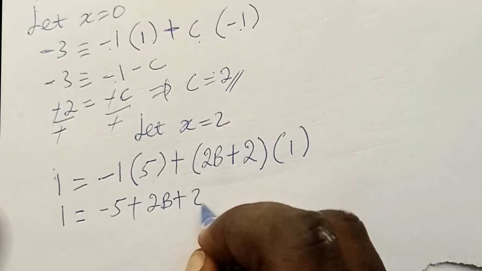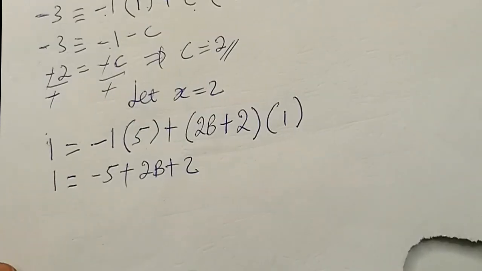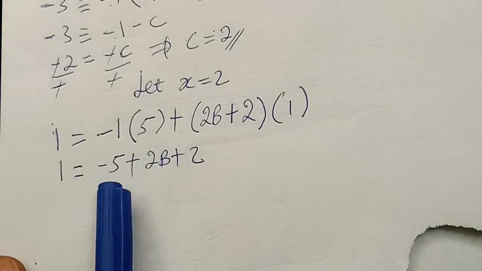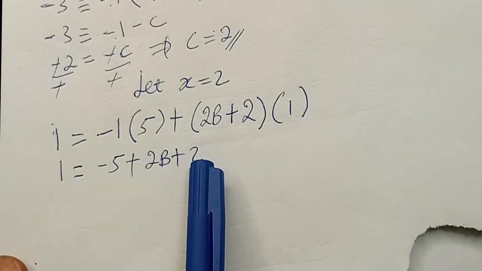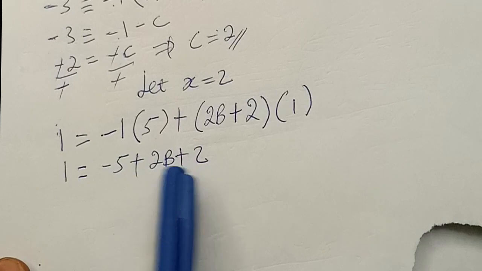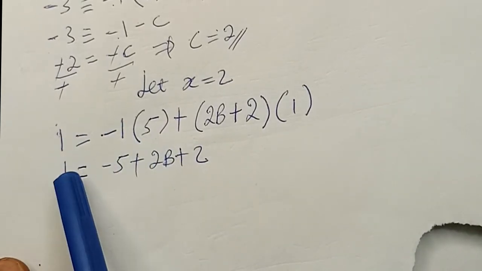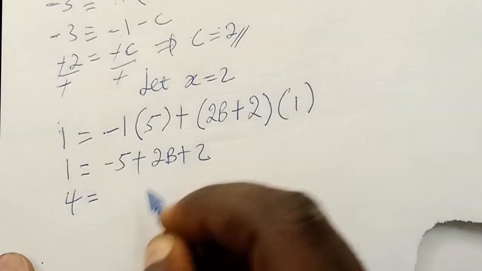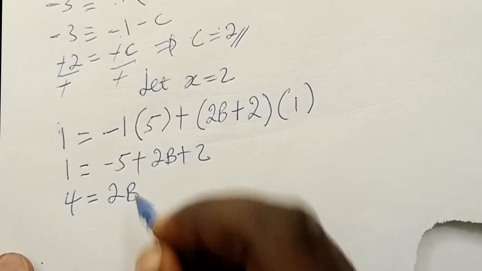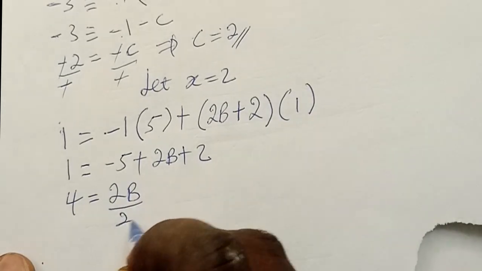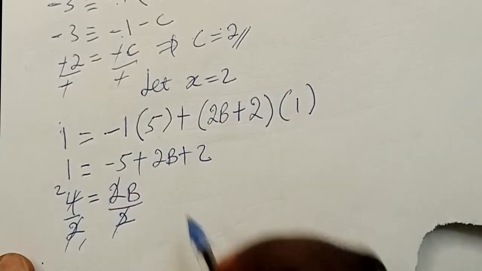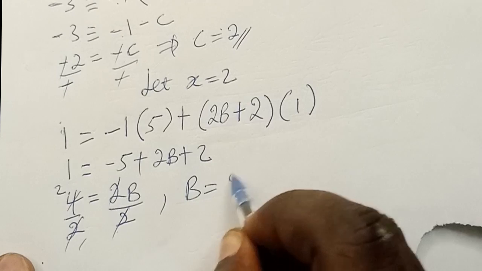If we look at this expression, we can simplify it. Minus 5 plus 2 is minus 3. If we take the minus 3 and cross over this side, it becomes plus 3. So plus 3 plus 1 is going to give us 4. So we have 4 equal to 2b. To get the value of b, we need to divide by 2. And therefore, b will be equal to 2.